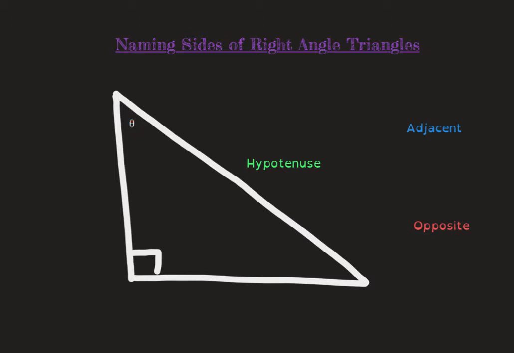So this means that our two words, adjacent and opposite, are going to be different in different locations. So our opposite side is the one directly opposite our angle, and our adjacent side is the one that is next to. So that's what it would look like if the angle that we're looking at is in this position.